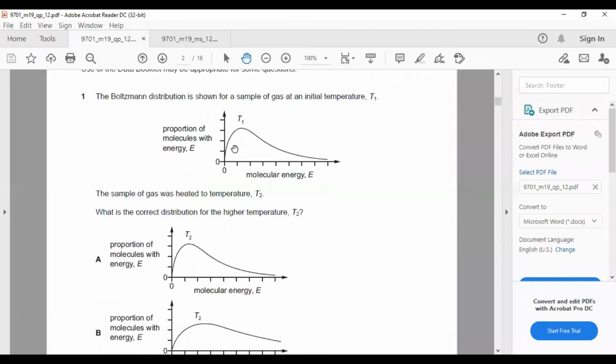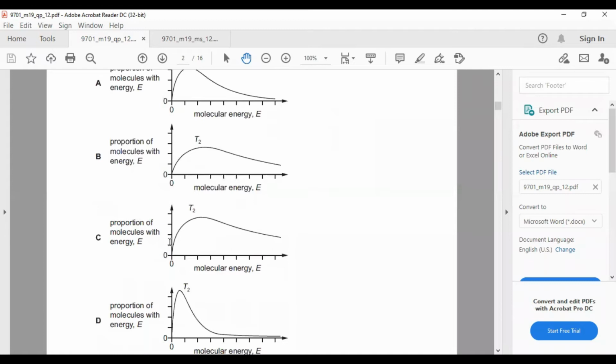Look at the question, 1, 2, 3. In C, the height is higher than at the initial temperature. That's why it is wrong. The height should be lowered, which is why it is B. And from here also it is lifted, so D is also wrong.